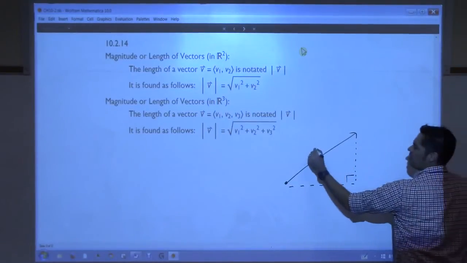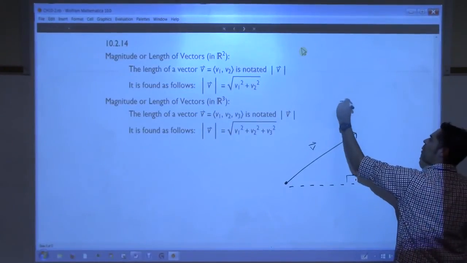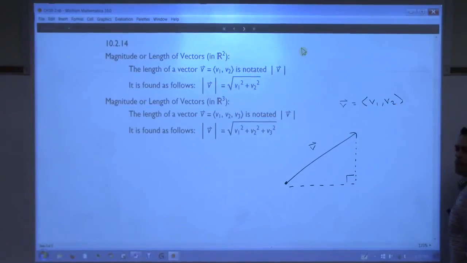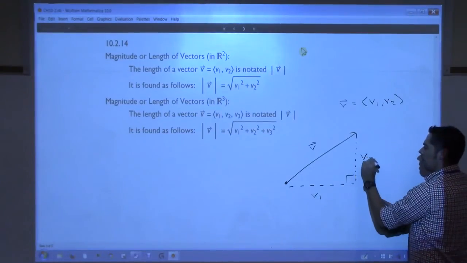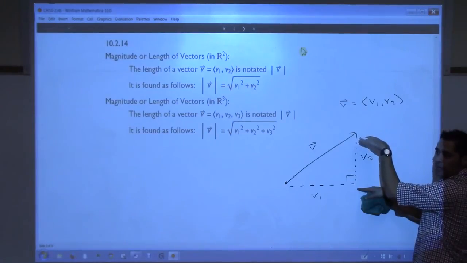If this is the vector, let's call it V, then we can rewrite V in its component form, V1, V2. The distance from here to here should be V1, and the distance from here to here should be V2, the y component of the vector.